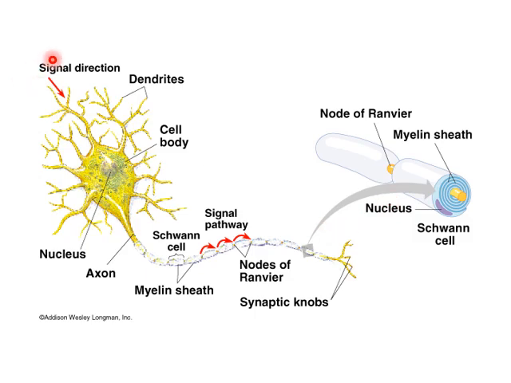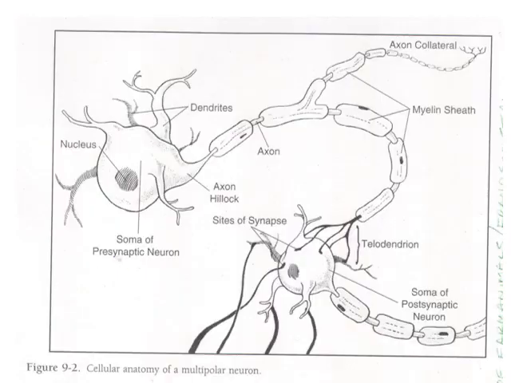So look at the flow of the signal. With all these inputs, the cell has to decide, will I fire or will I not? It's a binary choice. If it fires, it sends a signal down to the ends where they connect to another nerve or some sort of muscle. This shows a couple of connections.